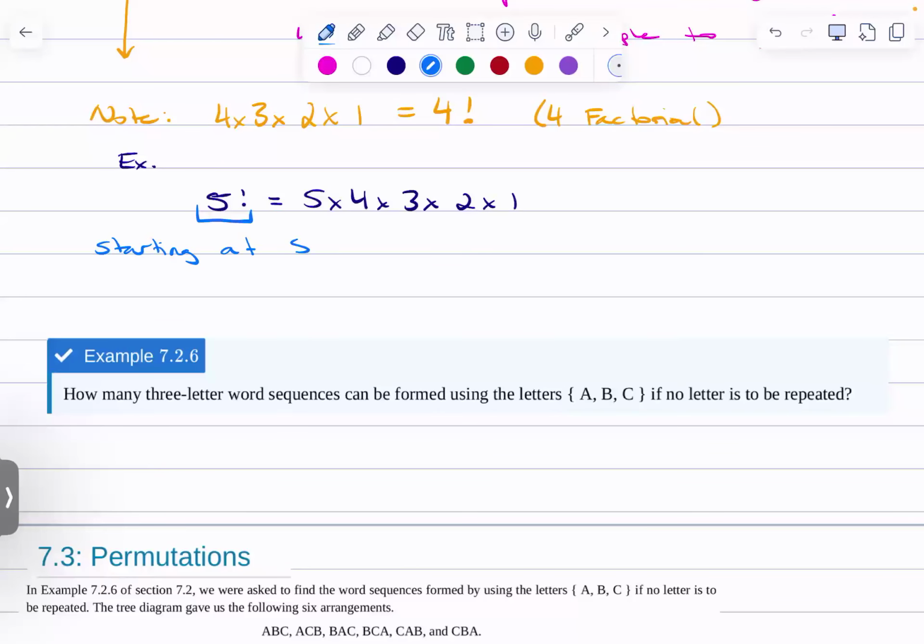Starting at 5 means multiply by decreasing by 1 until you reach 1. And we'll see that more today.